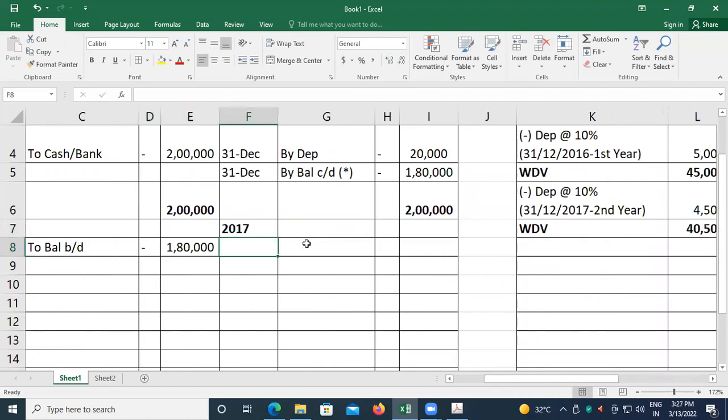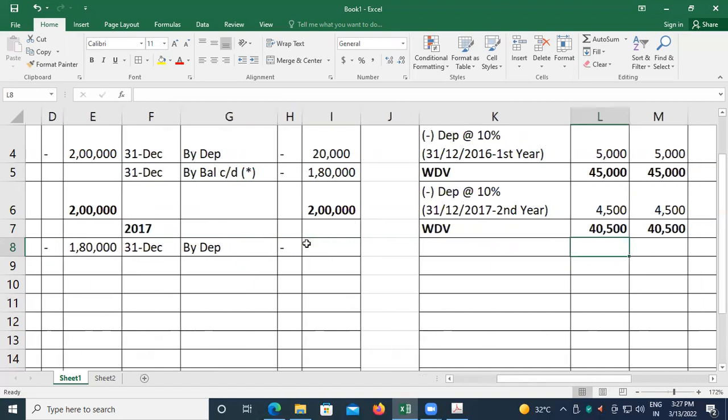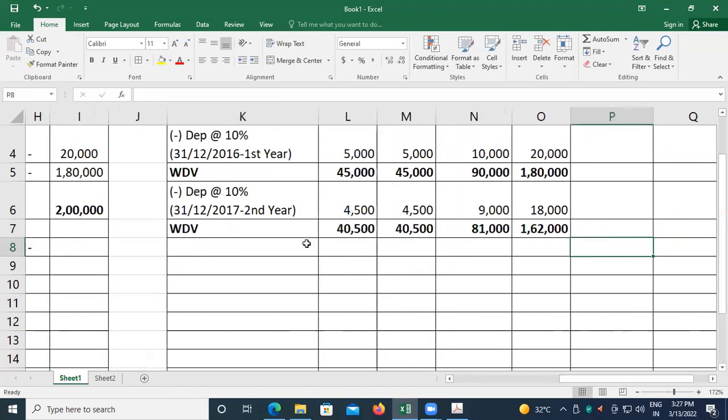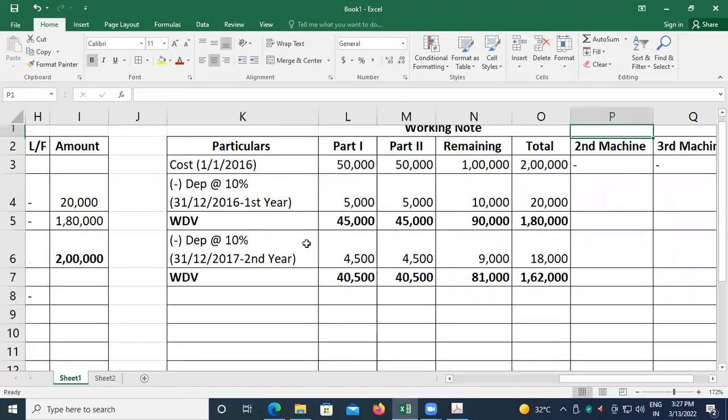Okay, so let us go here and write down. Remember, every year at the year ending, you have to pass the depreciation. So December 31st. What will come here? By depreciation. What is the depreciation value over here? Second year, what is the depreciation we got? Let us take the total and see here. What is the depreciation we got?